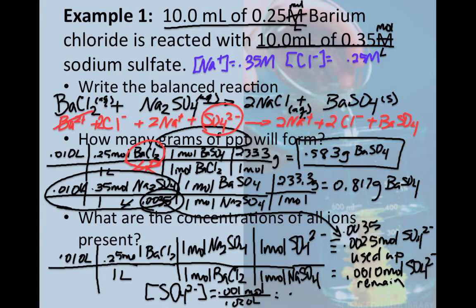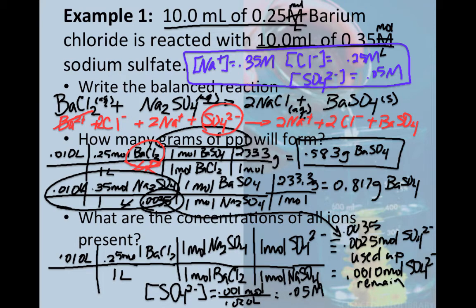I get 0.05 molar concentration of sulfate ions remaining in the solution. So let's write that up here. The concentration of sulfate ions that remain is 0.05 molar. So now here's my answer to the second part of the problem. Let's do one more, and then you can practice the rest on your own.